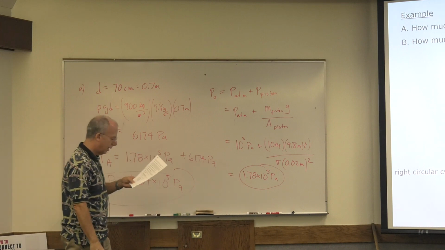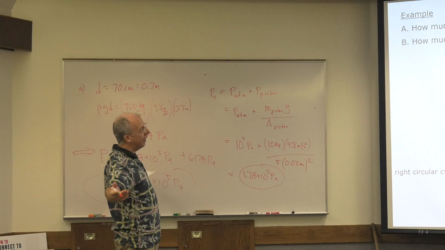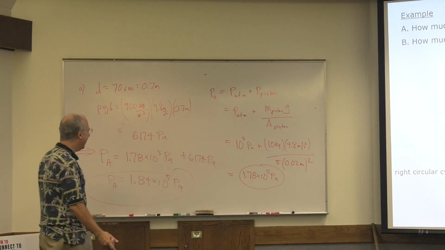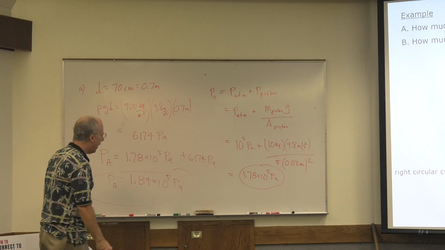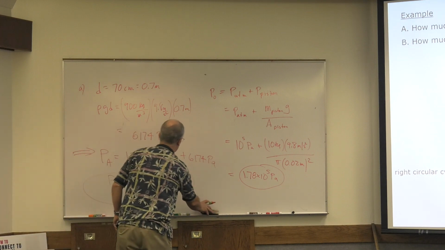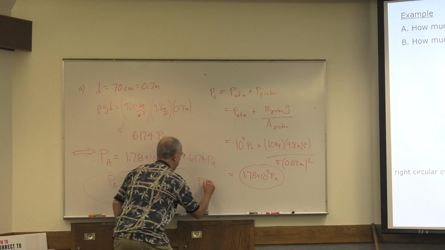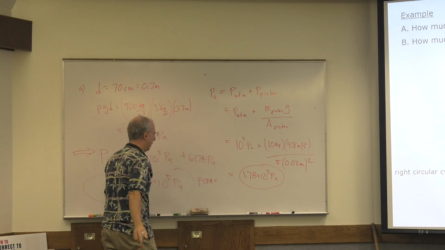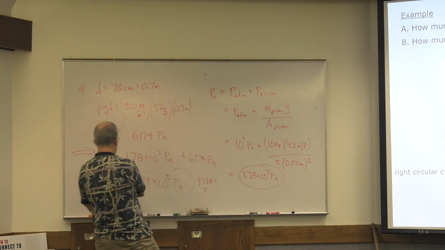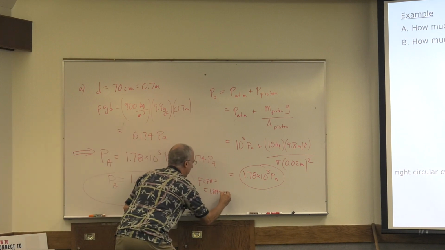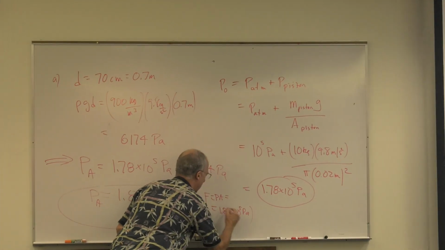Now, wait a second. They didn't say what's the pressure. They said what's the force. Ugh. Okay, no problem. Force is pressure times area. So the pressure is 1.84 times 10 to the 5th pascals.